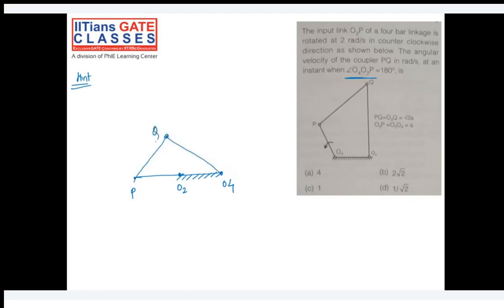Okay, so this angle is basically 180 degrees, as they have given in the question, and here O2P is rotating in the counterclockwise direction at 2 radian per second.